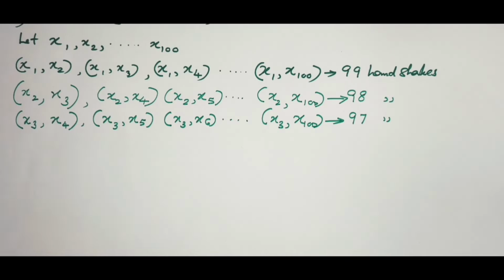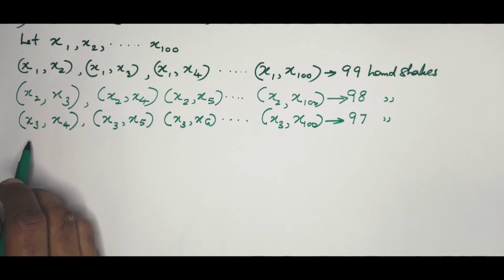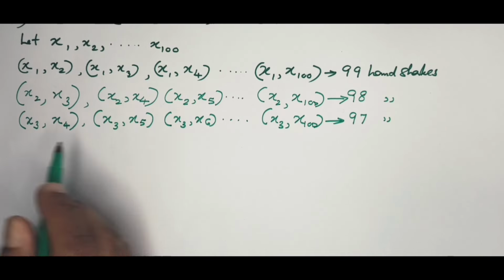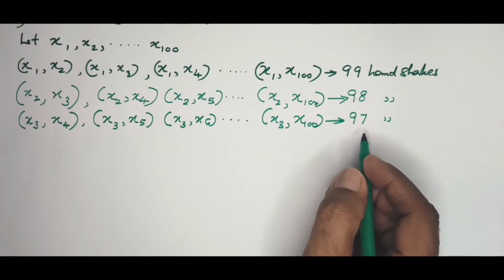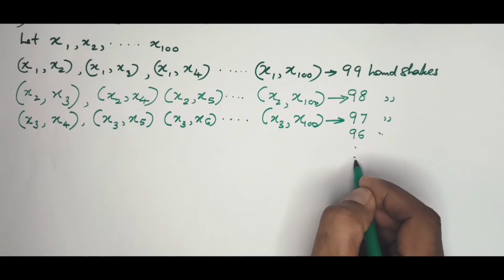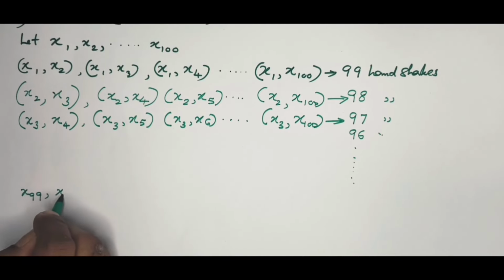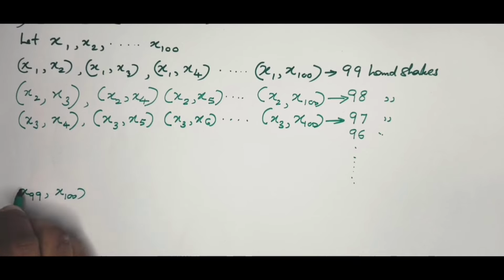97. Now, similarly, if you continue, you can find out the number of unique handshakes made by x4 in this fashion. That will be 96. Can you see that? I'm not writing this. And if you go on like that, you will reach the 99th person. And that 99th person will be shaking hands with x100.